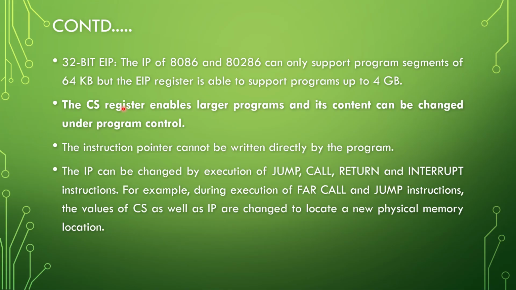And the code segment register, CS register, enables larger programs and its content can be changed under program control. One more thing is that the instruction pointer cannot be written directly by any program. It can be changed by the execution of certain instructions, that is, jump, call, return, and interrupt instructions.